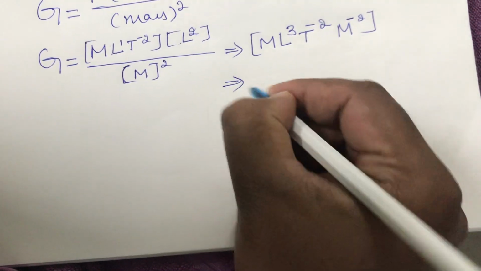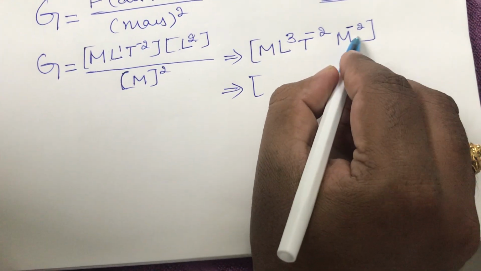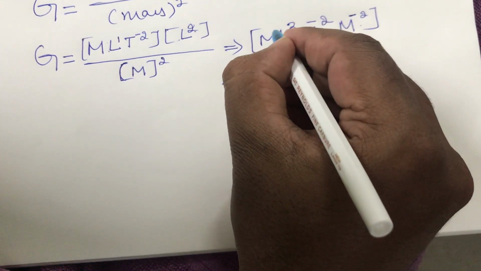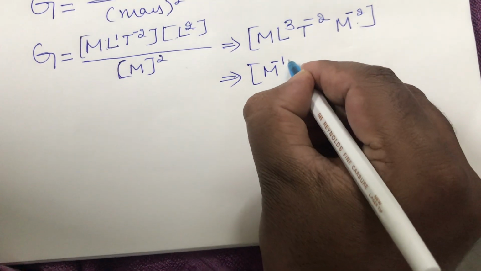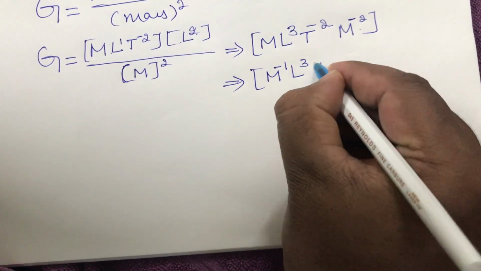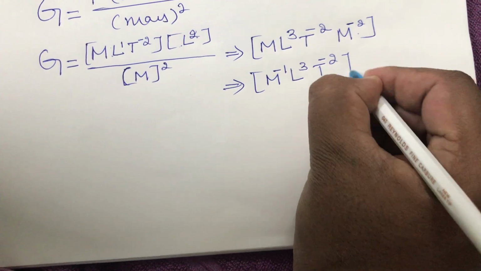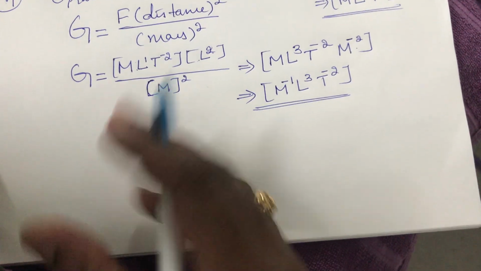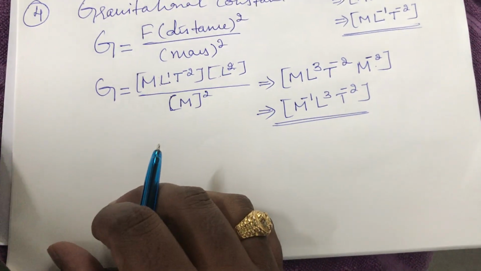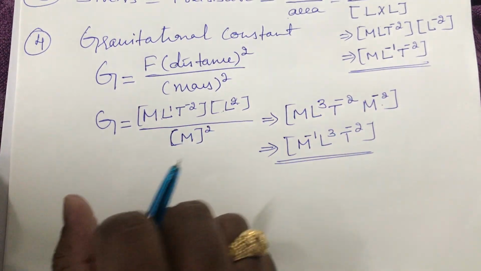Now what I can write is m to the power minus 2 and m to the power plus 1 is there, so it will become m to the power minus 1, okay, and l cube and t to the power minus 2. This is one of the important dimensional formulas which will be asked for the competitive exams also, the gravitational constant, okay.